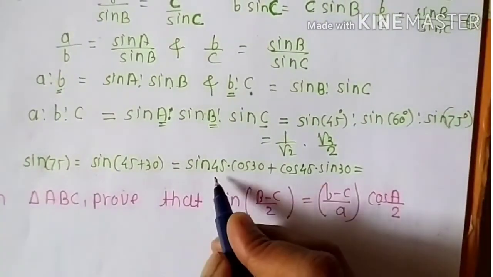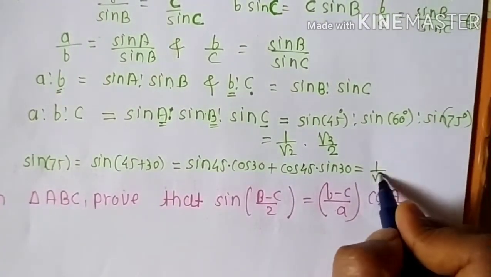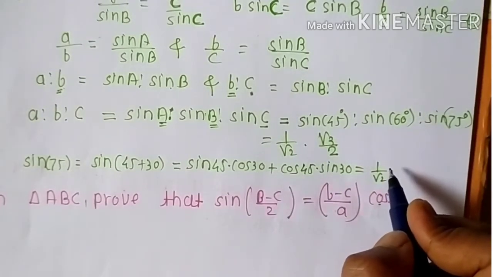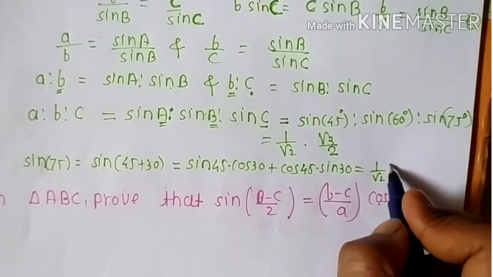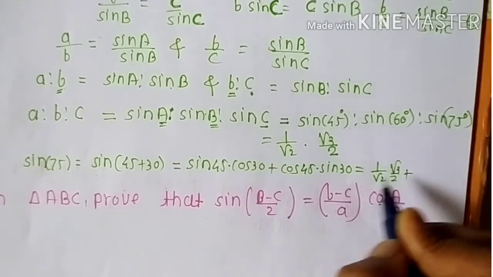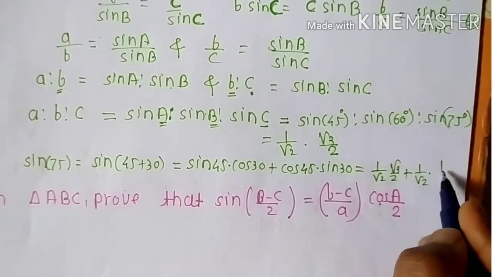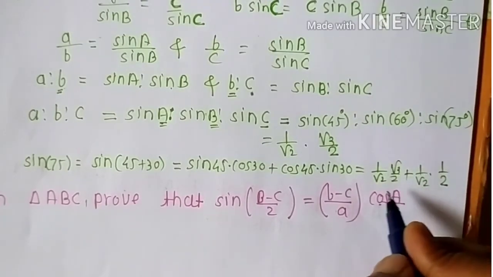Sine 45 is 1 upon root 2, and cos 30 is root 3 by 2, plus cos 45 is 1 upon root 2, and sine 30 is 1/2.